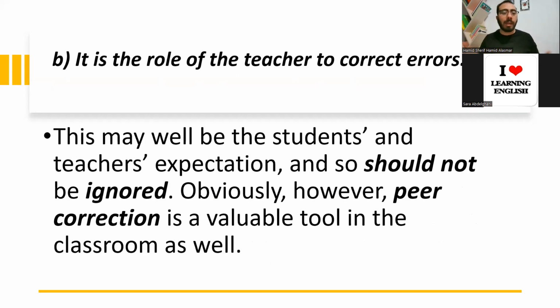Okay. Now, the second one says it's the role of the teacher to correct errors. Now, our students, especially in the Middle East, or normal students, any student would expect the teacher to correct errors. This is one of the expectations of students. Although we try to train students to be autonomous and correct their own errors, still we cannot ignore their expectations.